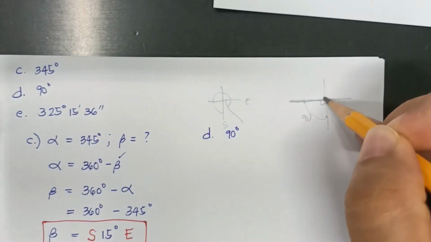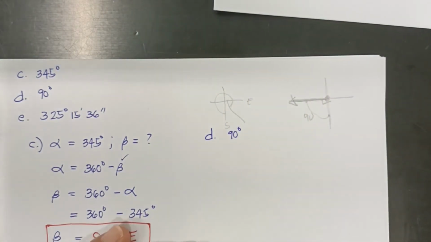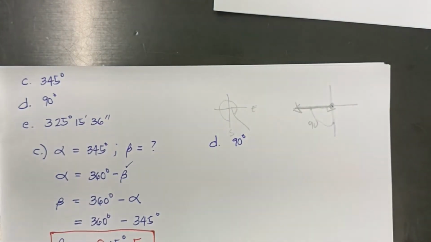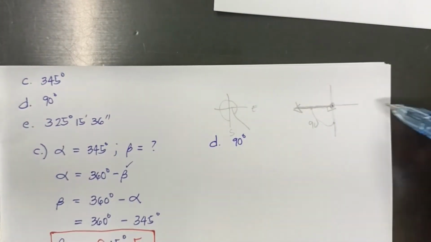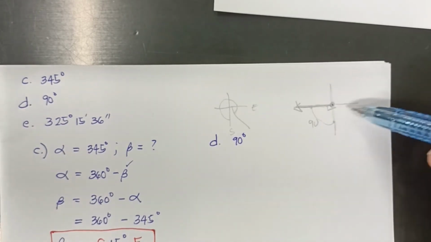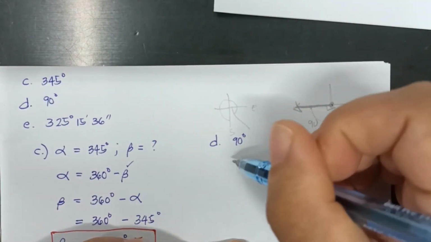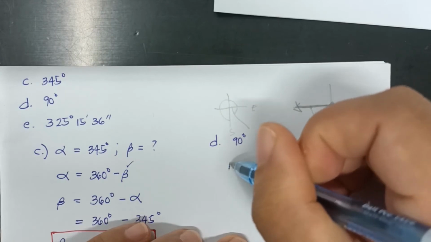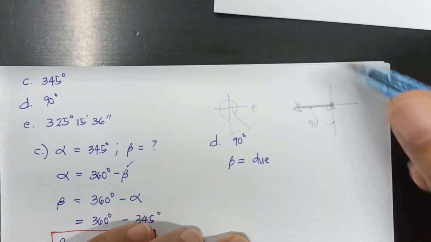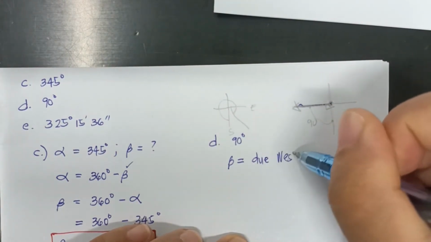Because it coincides with the north, south, east, west lines, the bearing is equal to due, in that direction, right? So that is due west.